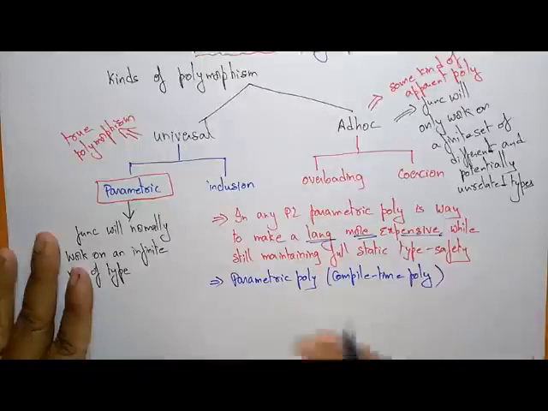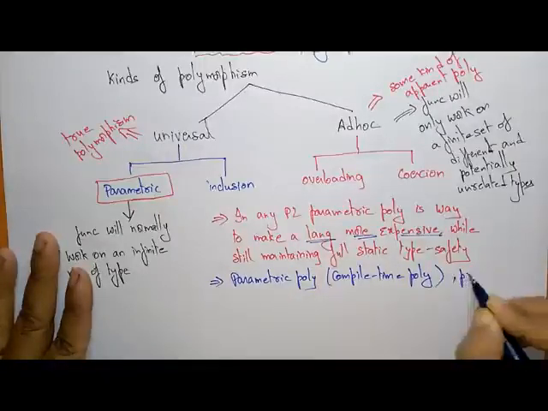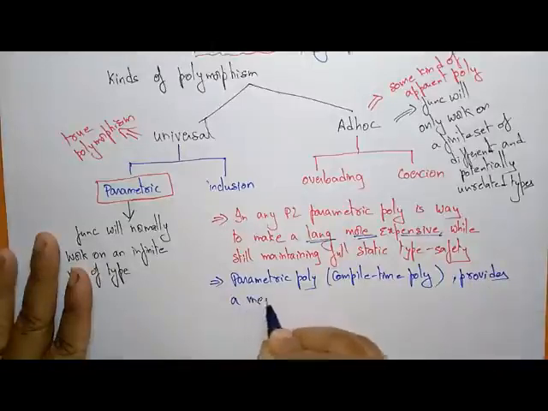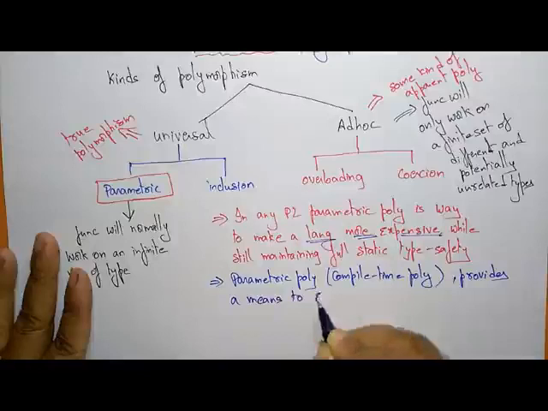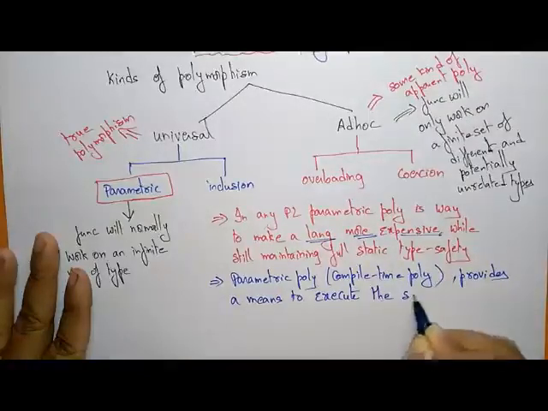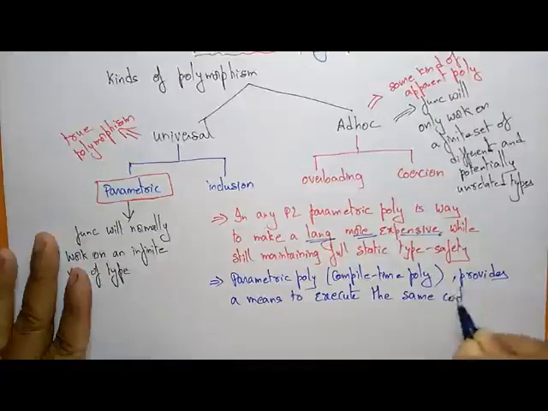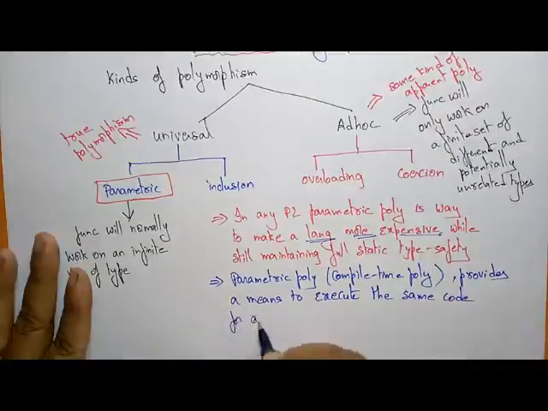Parametric polymorphism provides a means to execute the same code for any type.